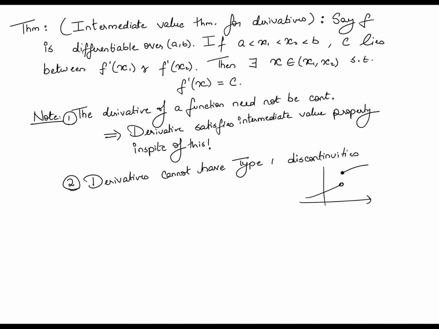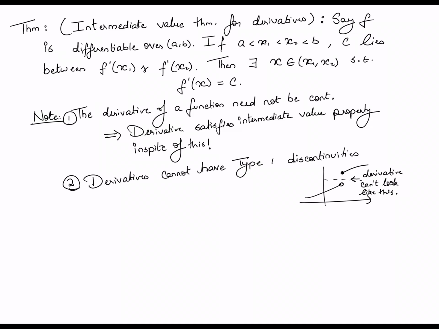A derivative cannot look like this. Why? Well, because if it did, then it would violate the intermediate value property, right? There are values out here that your derivative would not be attaining, which would violate the theorem that we've just written. Okay, so with all this commentary, now let's get down to the proof.